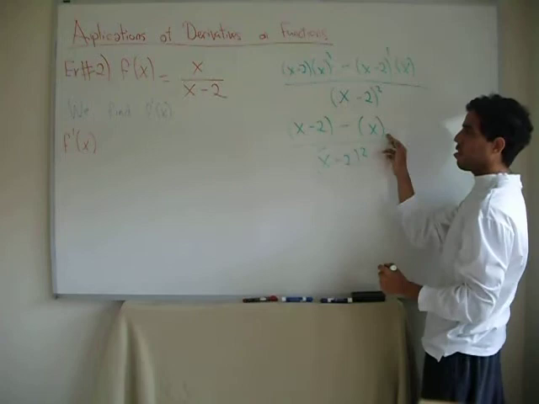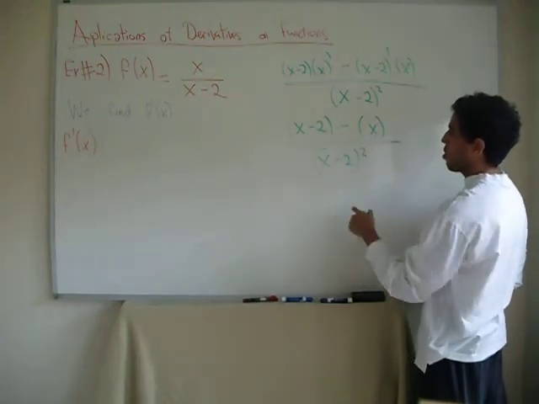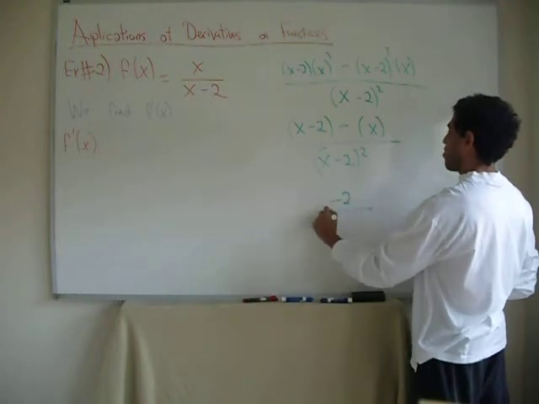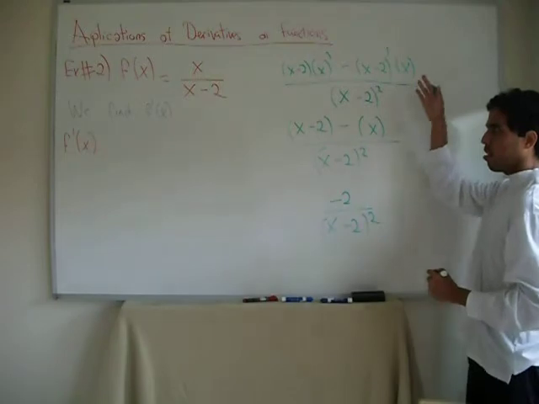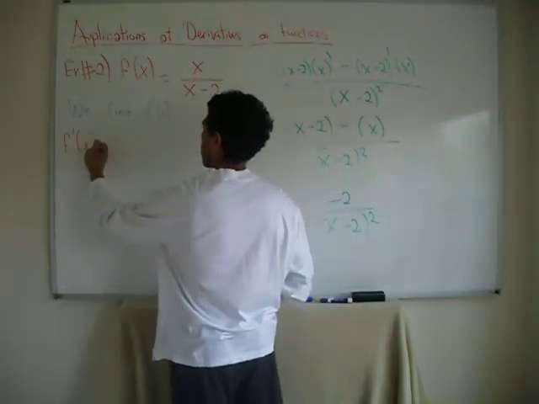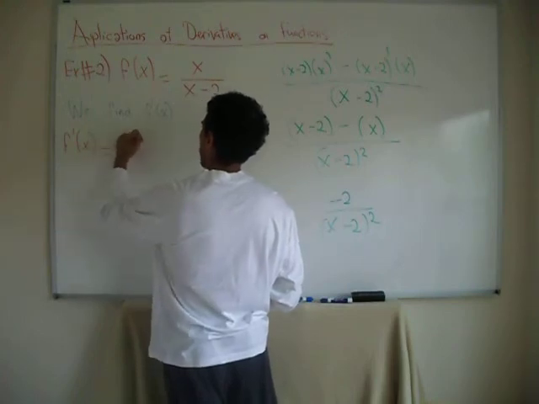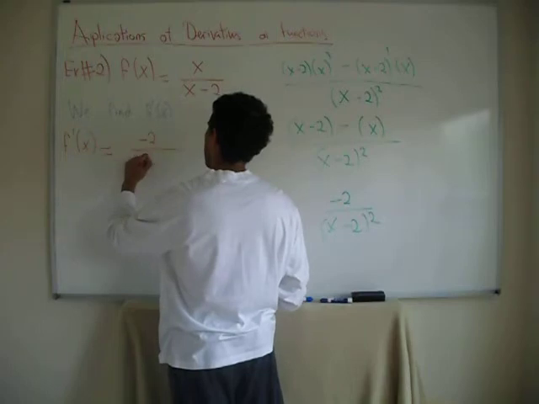The x's cancel each other, x minus x is 0, and then I have minus 2 over x minus 2 squared. I found the derivative, so now I'm going to write the result here: minus 2 over x minus 2 squared.